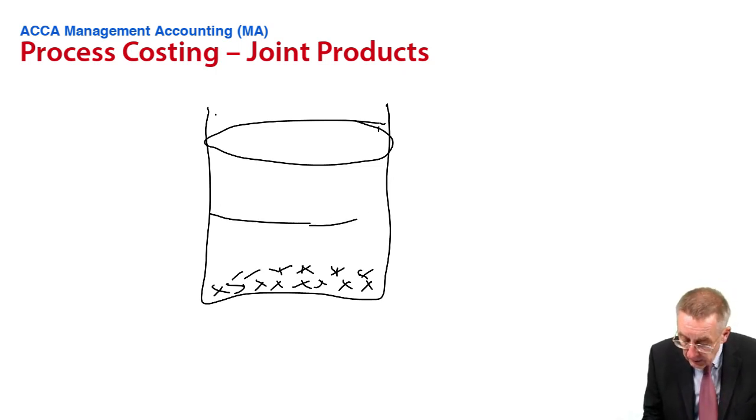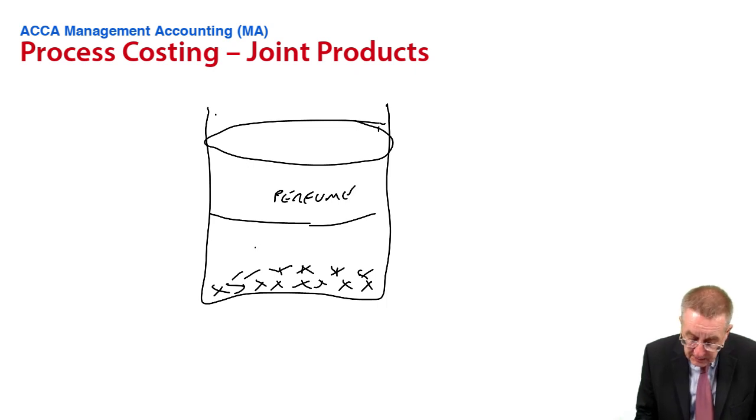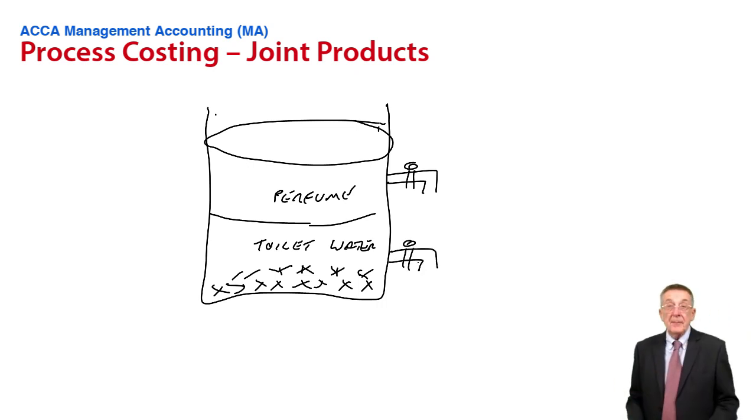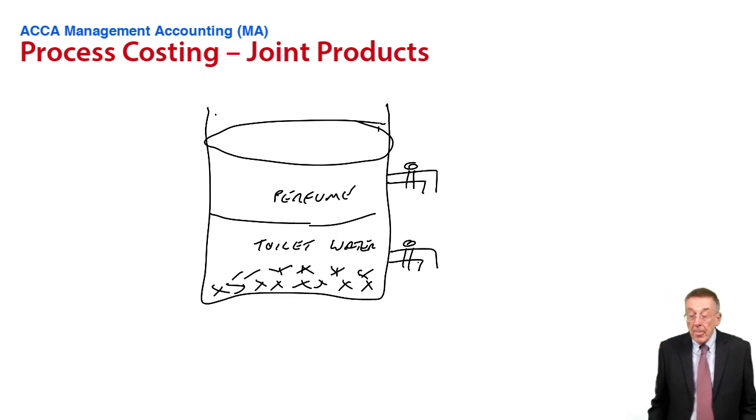So perhaps all the top bit is perfume, and all the bottom bit is toilet water. And then they have two taps. Out of one tap comes perfume, out of the other comes toilet water.